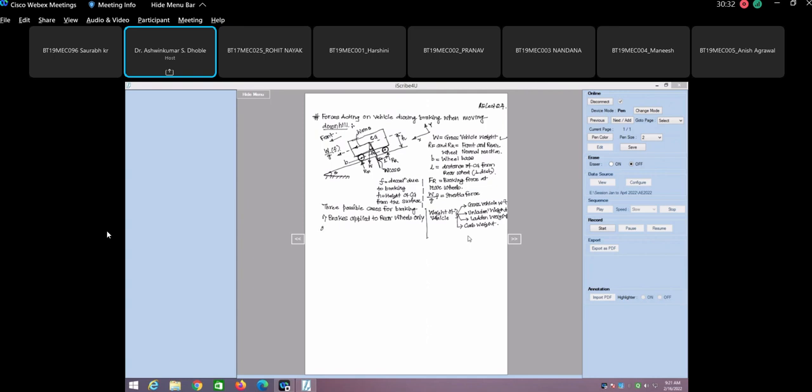Then second is brakes applied to front wheels only. Then the third case is brakes applied to all four wheels. So we have to analyze these cases.